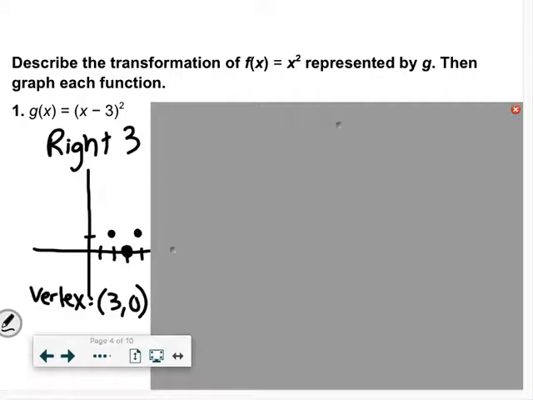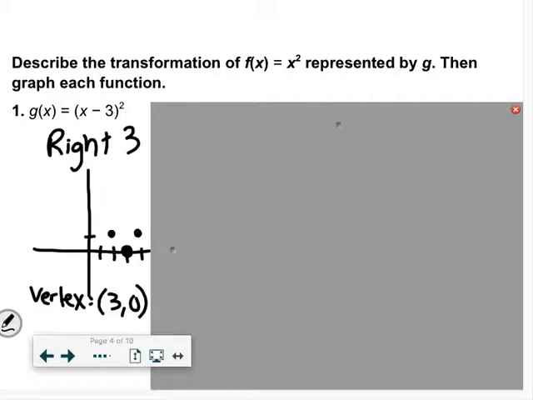If you wanted to get some other points, what's the next move? Luke? You could make a table of values. What about from your parent graph? Instead of going up 1, right 1, up 1, left 1 on the parent graph, what's the next number? So we're getting those from 1 squared is 1, and negative 1 squared is 1.